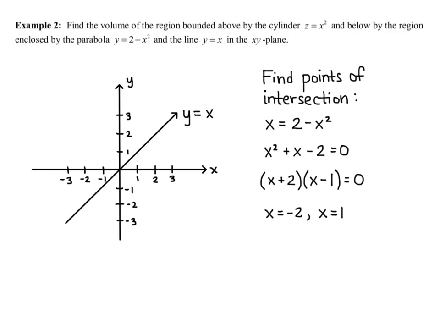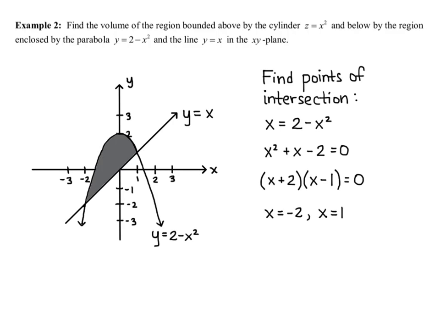Using these points of intersection, we graph the upside-down parabola y equals 2 minus x squared, with the parabola crossing the line y equals x at the points (1,1) and (-2,-2). Shade in the region and use it to find the bounds of integration.